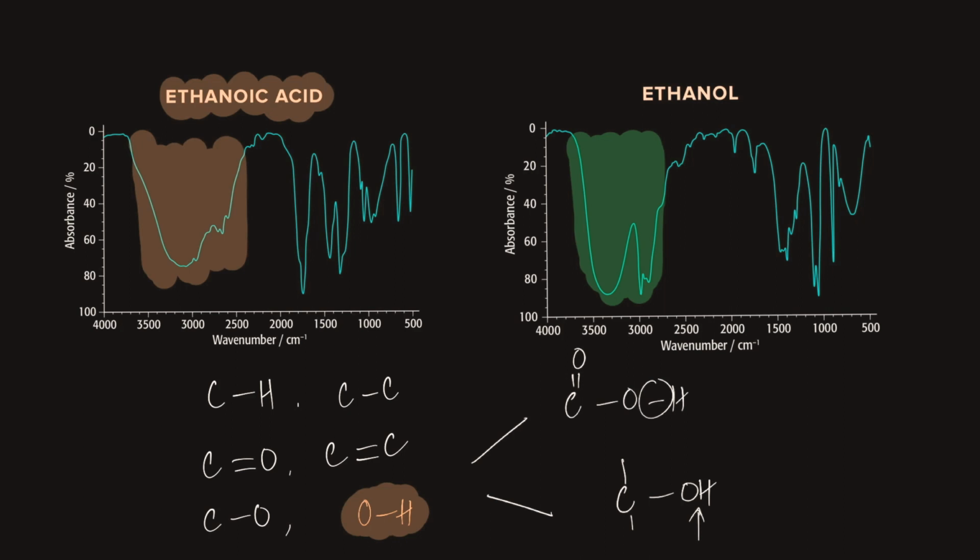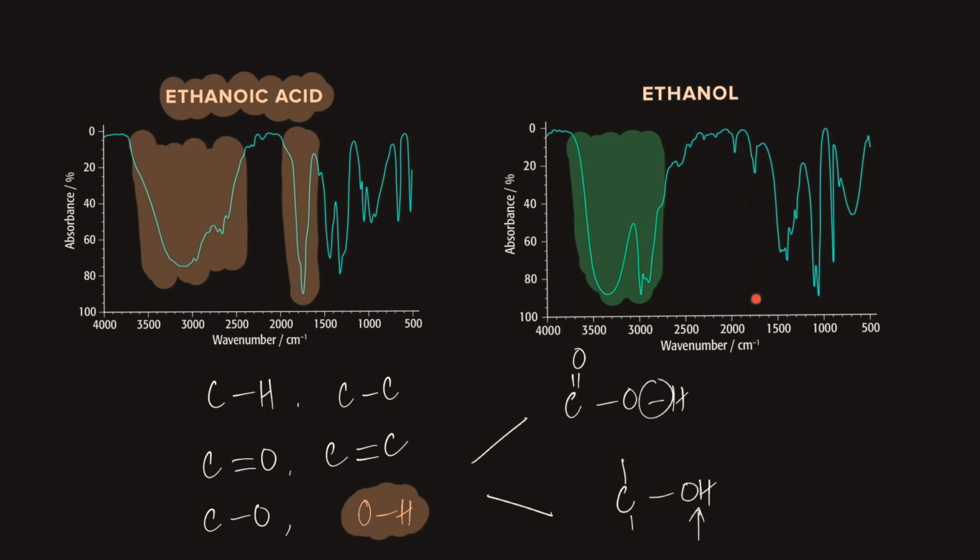Another thing to note is that the ethanoic acid has a characteristic carbon-oxygen double bond peak as well. If you have this peak present in a molecule, and the OH peak isn't there, you're very sure you're dealing with a carbonyl compound or even an ester. Notice there's no carbon-oxygen double bond peak here because ethanol doesn't have any.